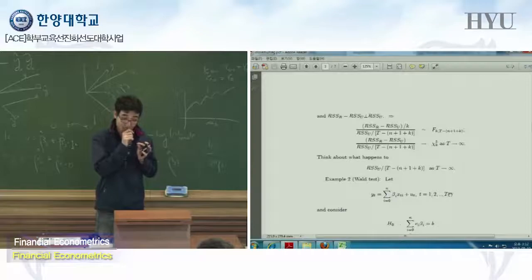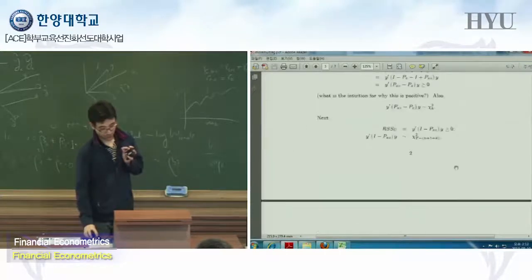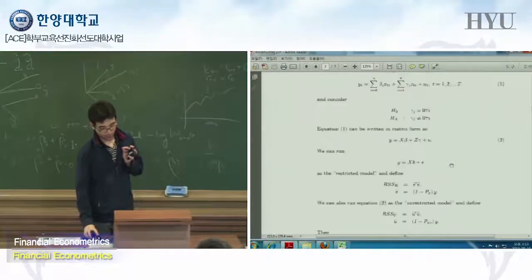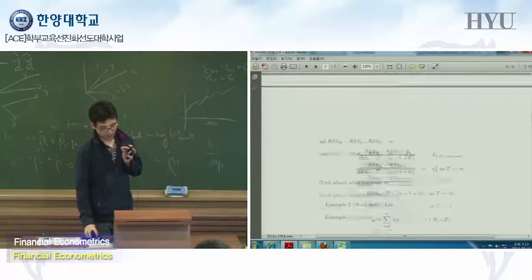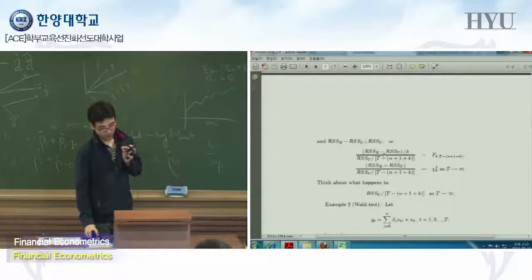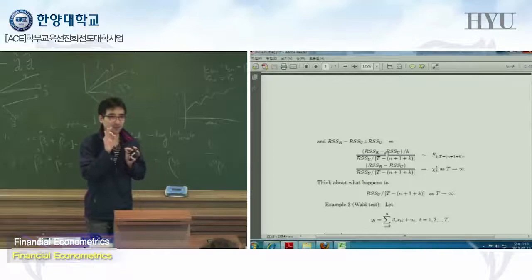And if our null hypothesis is right, in the null hypothesis we argue those terms are zero, then this one should be close to zero, because this space is not important anymore. So the regression on the Z space should be very close to zero as well, right?